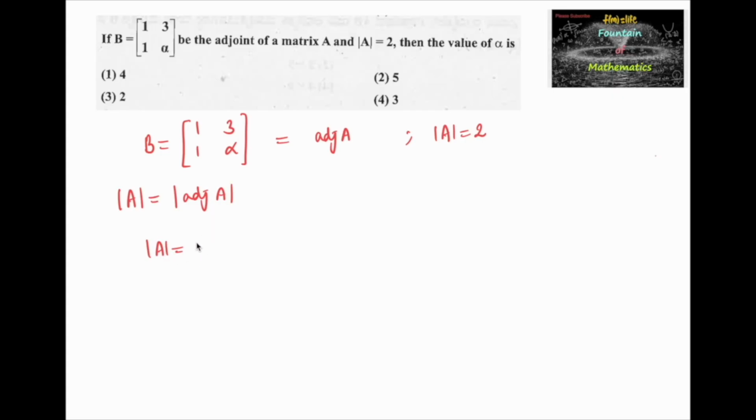Given a matrix B is equal to a 2 by 2 matrix 1, 3, 1 alpha, and which is the adjoint of a matrix A, and determinant of A is equal to 2, and we know that determinant of a matrix A will be same as the determinant of adjoint of a matrix, that is determinant of A is equal to determinant of B, because adjoint of matrix A is B. So determinant of A value is 2, so we can have 2 is equal to determinant of this matrix 1, 3, 1 alpha.